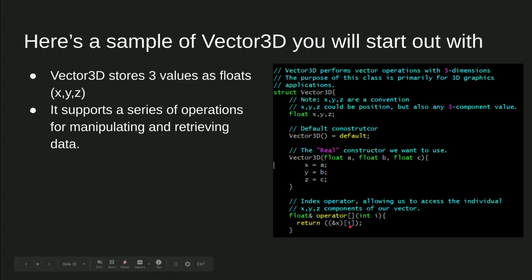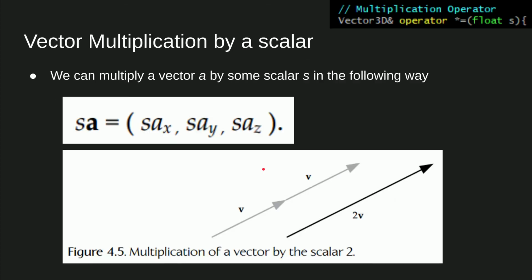If I put in 1 here, the next thing in memory that's laid out is actually this y. And if I put in a 2 here, the next thing in memory that's referenced is actually the z. So that's a little bit of a hack of how this operator's being used. It's a simple way to implement things, but we're just offsetting into memory, and these 3 values will happen to be laid out in memory one after the other. So occasionally you might see something like this.